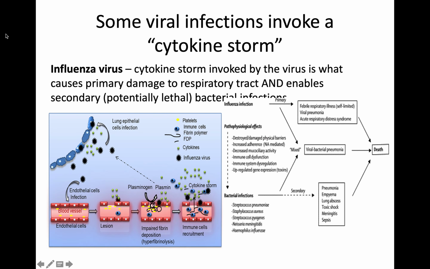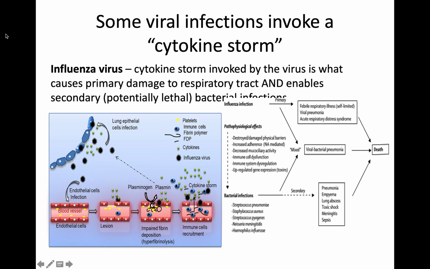Okay. Some viral infections, many of them cause the primary or acute diseases, but there are some that overactivate our immune response, and they cause something called a cytokine storm. So an example of this is the influenza virus.